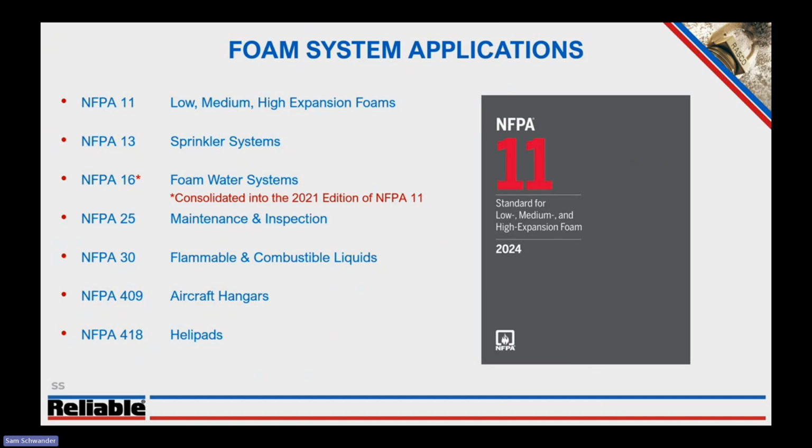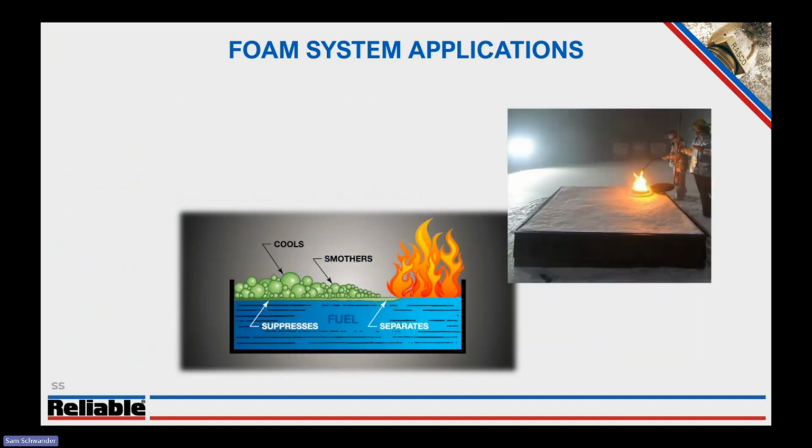Now, should note that the 2019 edition of NFPA 16 is the last edition of NFPA 16. As of the 2021 edition of NFPA 11, that has absorbed all the requirements of NFPA 16. So you may or may not be working on those editions. You might be using NFPA 16 for some time, depending on where you are. And then we have some more specific applications, things like NFPA 409 or 418, aircraft hangars, helipads, a lot of different foam applications for those types of occupancies.